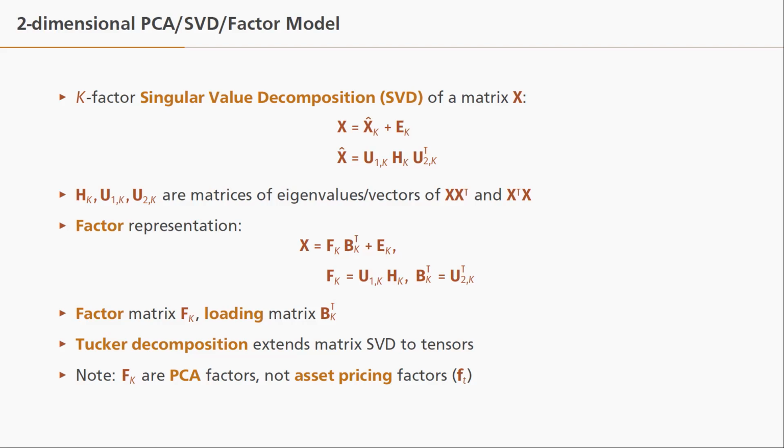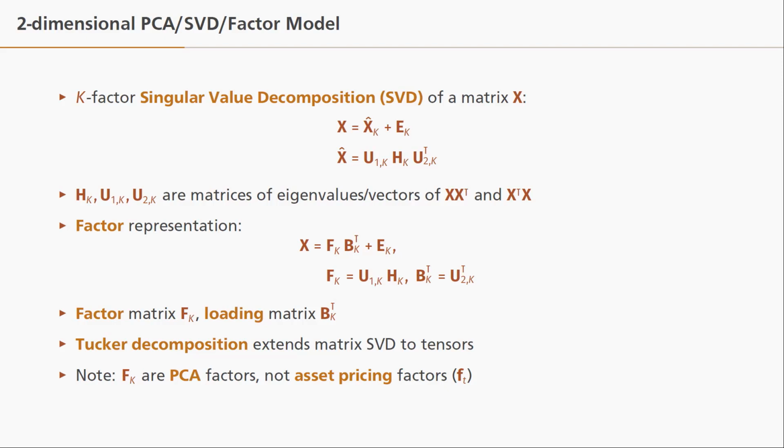The factors would be formed by the eigenvectors and the eigenvalues, and then U2 would be the loading matrix. So this would be a T by K matrix, and this would be a K by, say, N matrix. So the Tucker decomposition essentially extends this matrix SVD to 3 dimensions.